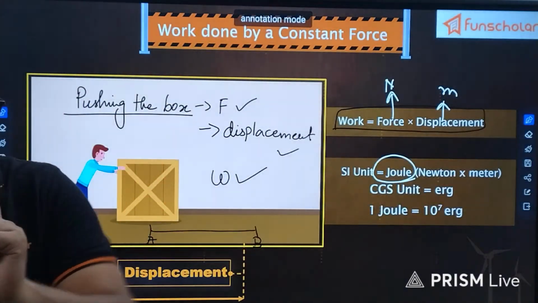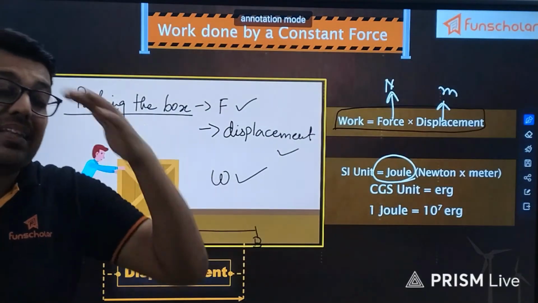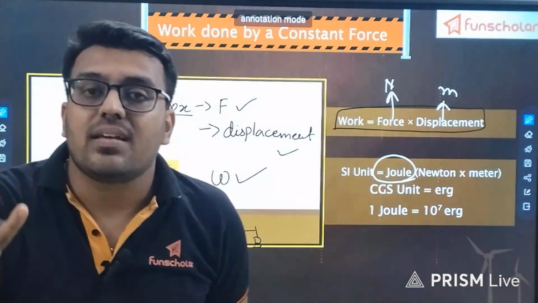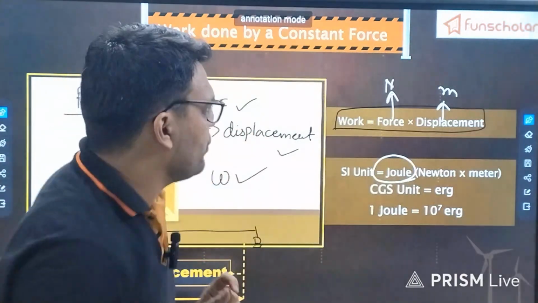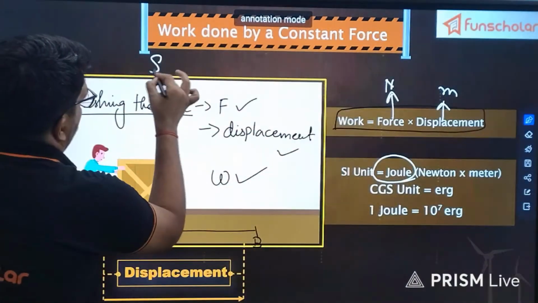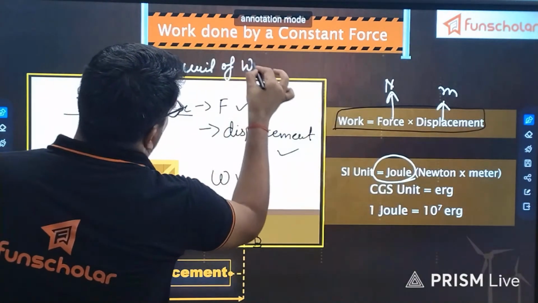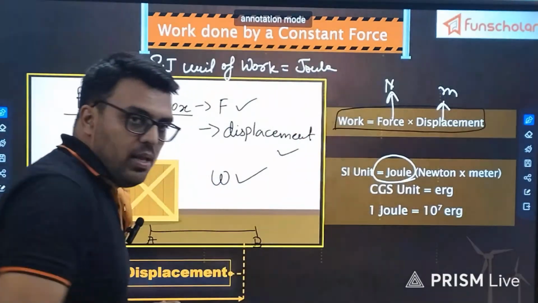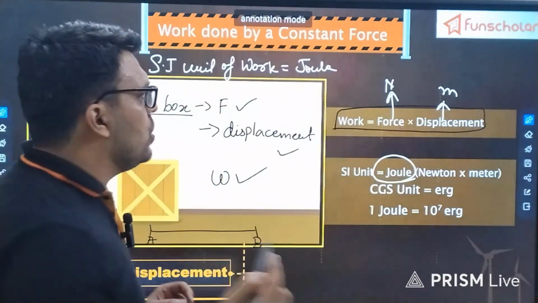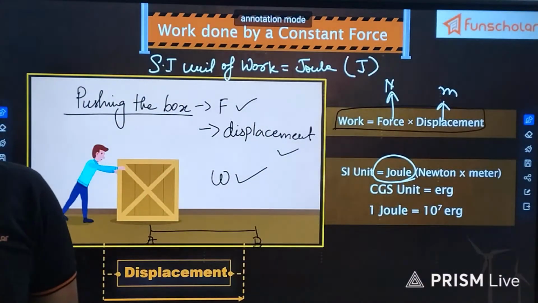So the SI unit is joule. If joule is not given, we can write Newton meter, but that would be a rare case, because whenever the SI unit of work is asked, it is going to be joule. So you will always write the SI unit of work is joule, and the symbol will be in capital because it is named after the scientist James Prescott Joule.